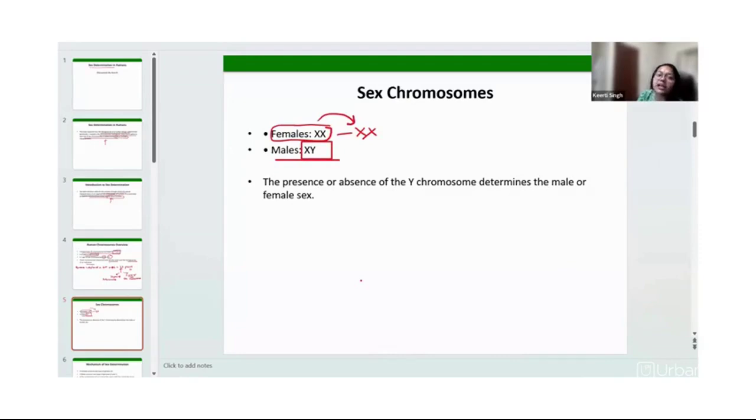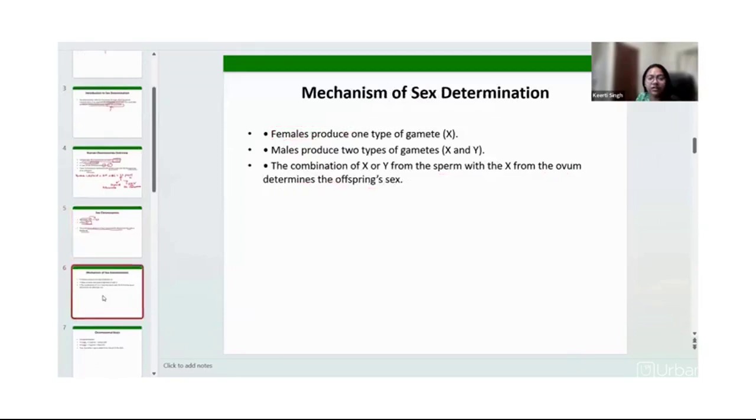So what will happen? This presence or absence of the Y chromosome is going to determine whether the individual is male or female, right? So how is it going to happen? We females, the human beings, produce only one type of gamete, right?